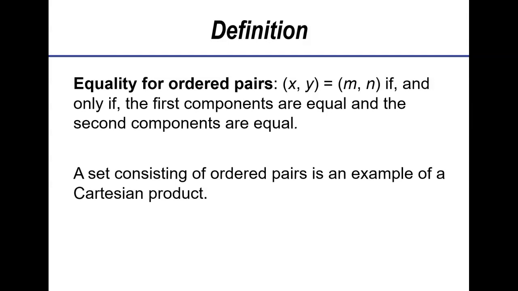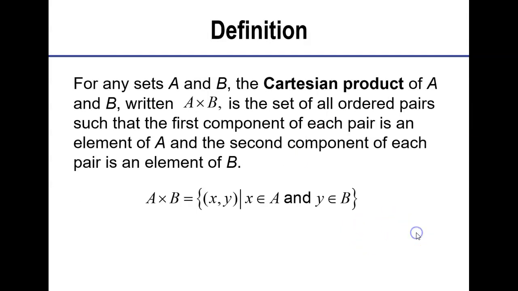Definition: equality for ordered pairs. The ordered pair (x, y) is equal to the ordered pair (m, n) if and only if the first components are equal and the second components are equal. A set consisting of ordered pairs is an example of a Cartesian product.